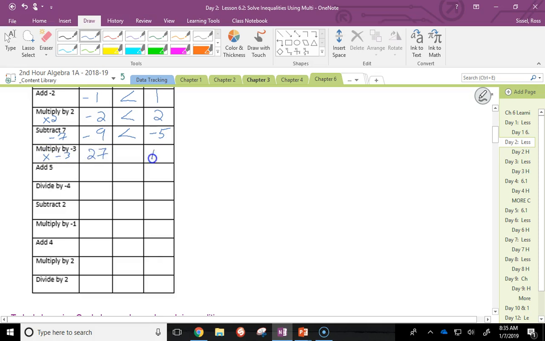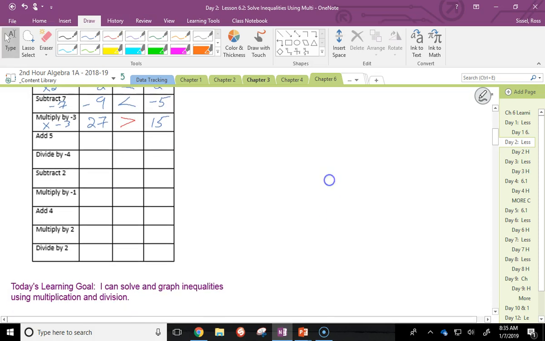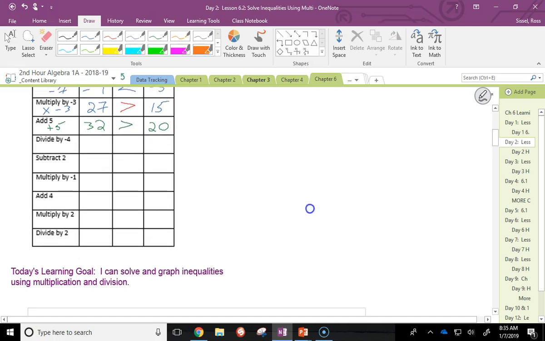So I have 27 and I have 15. Oh, my sign flipped. Okay? I'm going to add 5. 32 and 20. My sign is greater than. Stay the same.